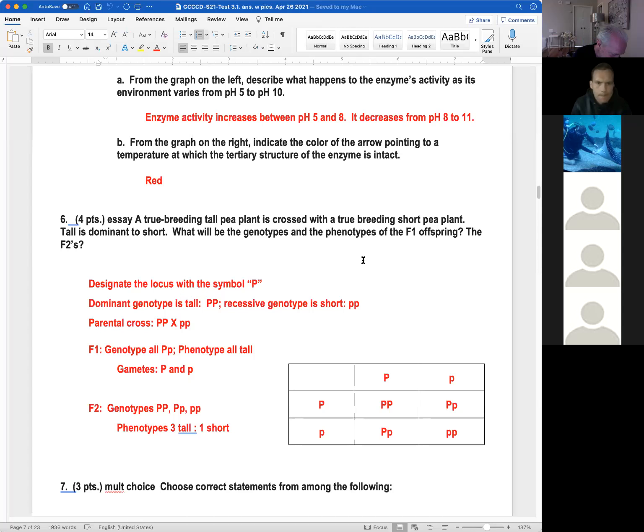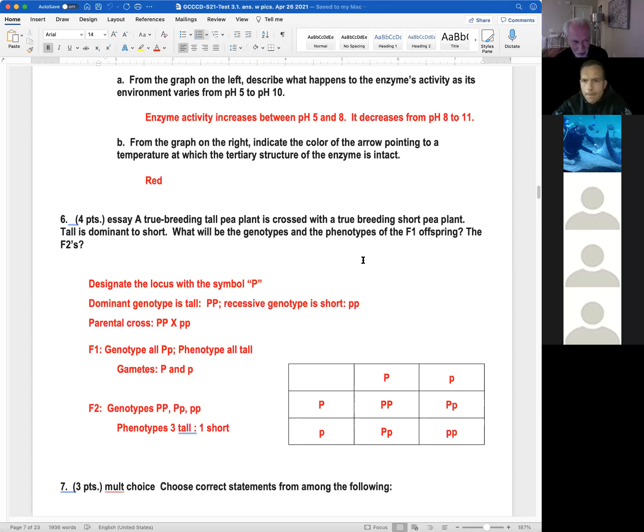True breeding means like both are the same, have the same genomes or same genes. Yeah. Homologous? Homologous, yeah. Good term to describe a true breeding plant. So a true breeding plant means that it's been inbred, crossed with itself for many generations so that all the loci are homologous.